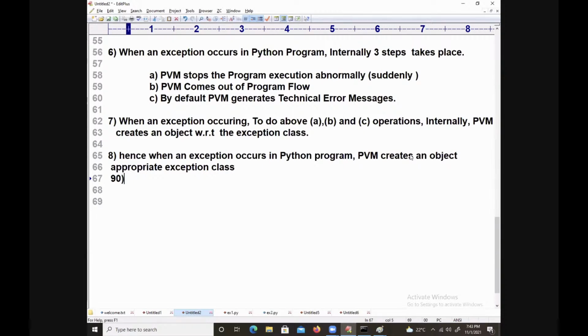The last point I am writing. Don't feel difficulty. The purpose of which classes? Exception classes.